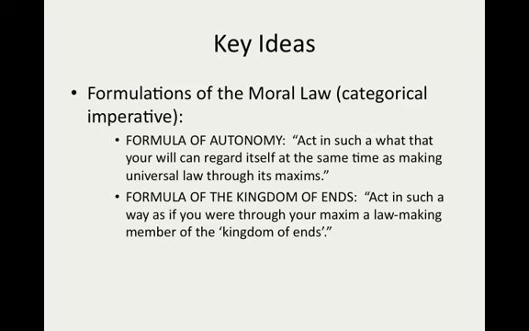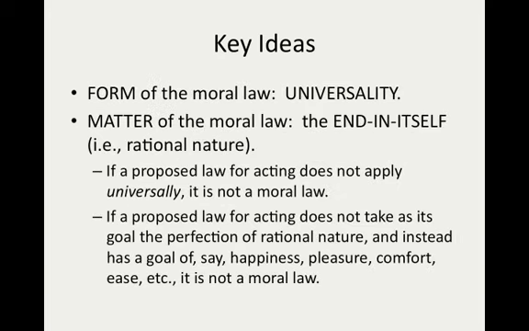We have to act in such a way that we were making a world together, for ourselves, from ourselves, with no one telling us how to do it, but just looking within to the rational nature that we all share and determining from that what's the best way for us to be. That's another formula of this moral law, this categorical imperative that we should always obey.